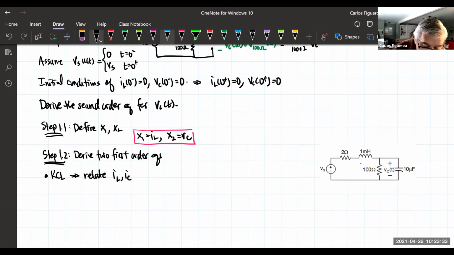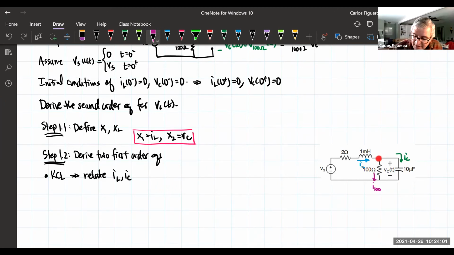If I look at the first one, what do I know here? I know that this is the current IL right here. And I see that this current here is IC. So if I look at this red node again, I could define a new current for the 100 that goes right there.